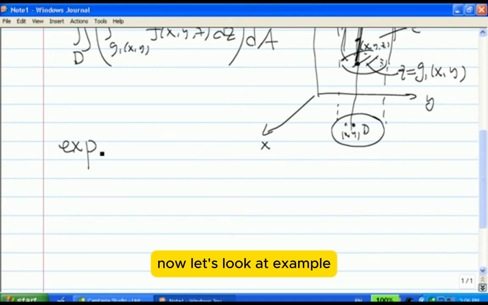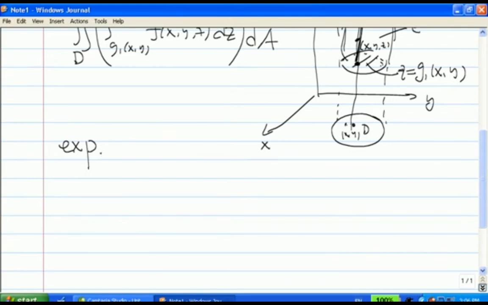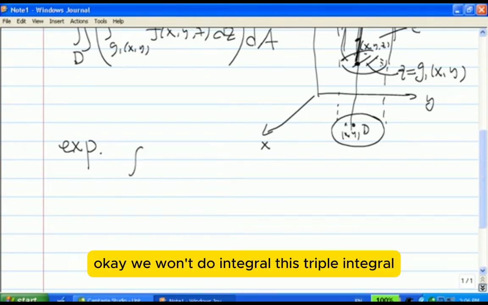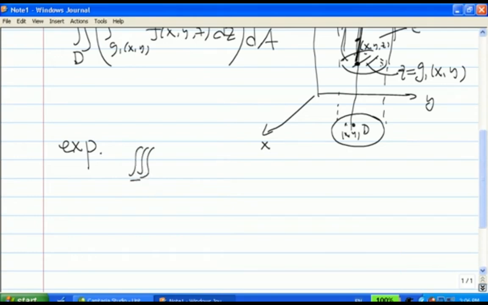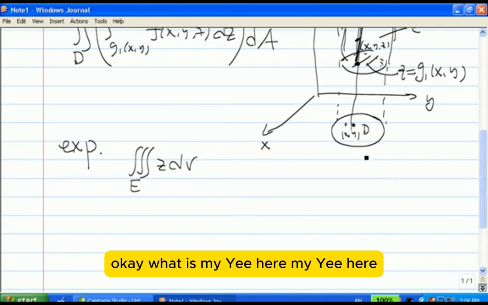Now let's look at an example. We want to evaluate this triple integral of z dV. What is my E here?